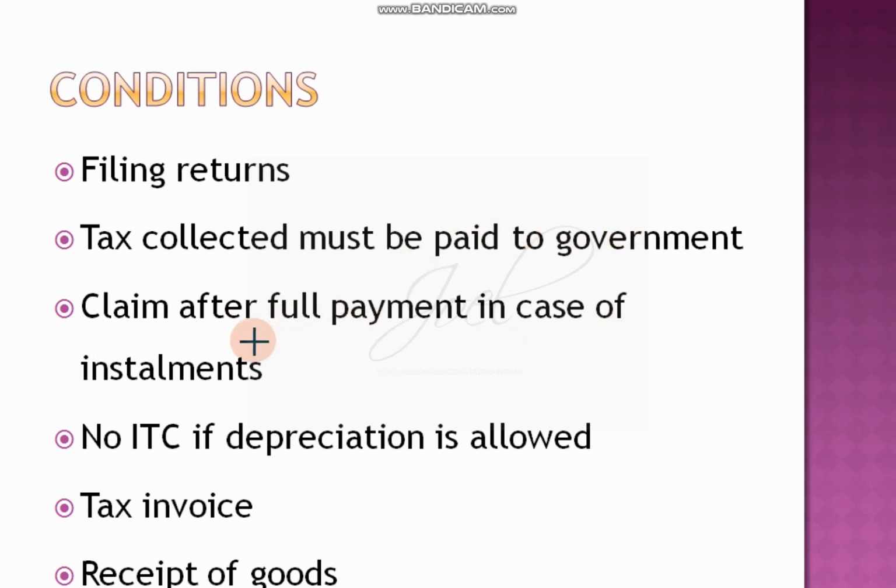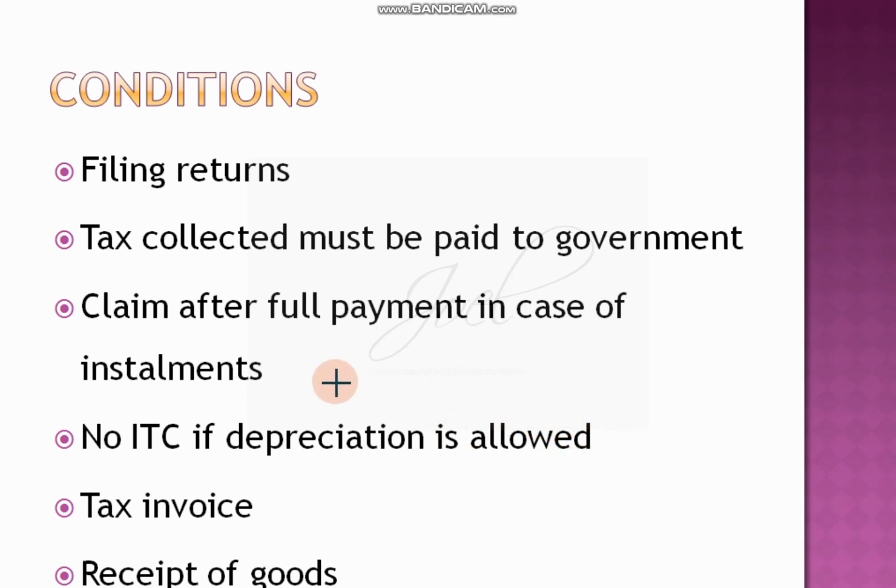Claim after full payment in case of installment. Sometimes products are purchased by customers on an installment basis, what we know as EMIs. In that case, after the full and final settlement itself, the claim will be made. Next, no input tax credit will be allowed if you are allowing depreciation.